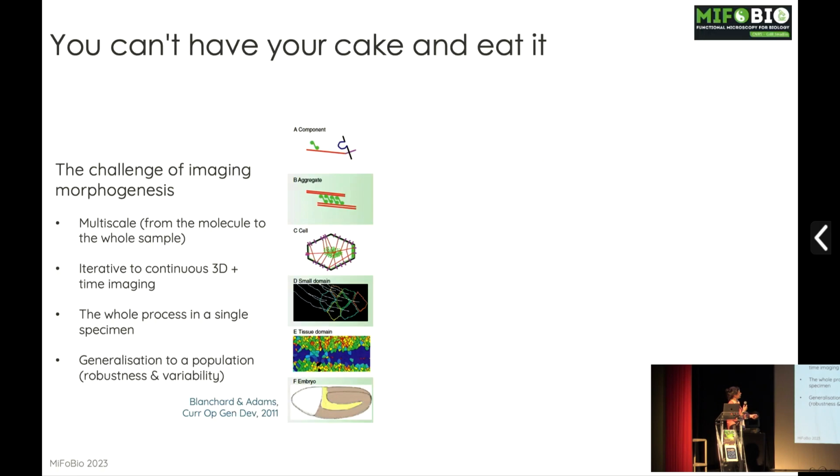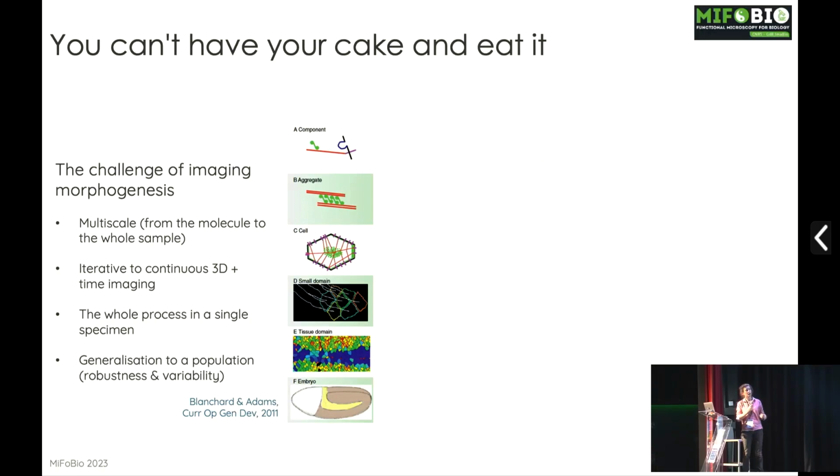Or you can be interested at the scale of the cell itself and have an overview of it. But you also may want to track and follow in time and in space a population of cells. And then if you go a step further, you can see all those individual behaviors at the scale of the tissue, and of course, finally, at the scale of the embryo.